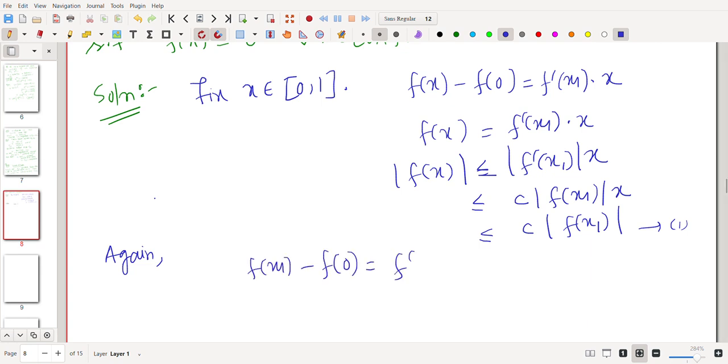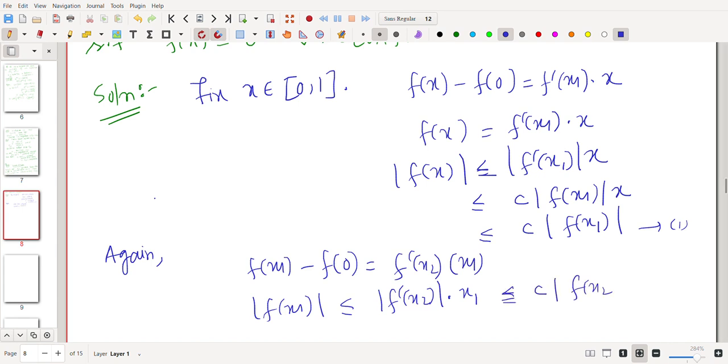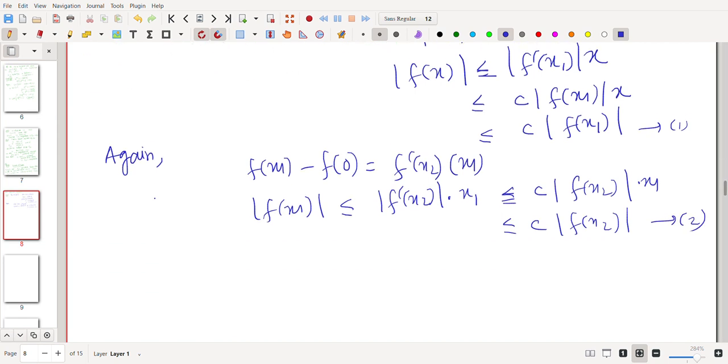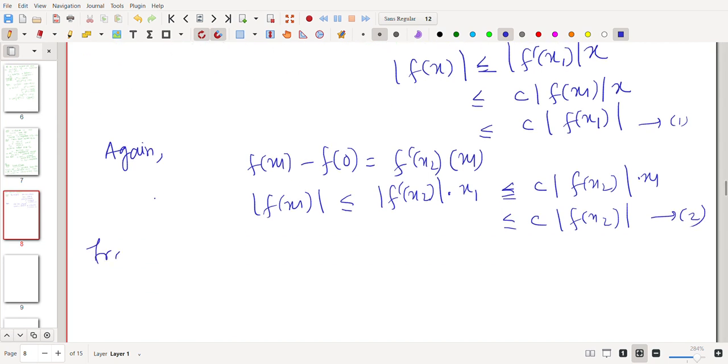Again, f(x1) minus f(0) is basically f'(x2) times x1. So |f(x1)| is less than or equal to |f'(x2)| times x1, which is same as saying c times |f(x2)| times x1, which is same as c times |f(x2)|. This is 2.